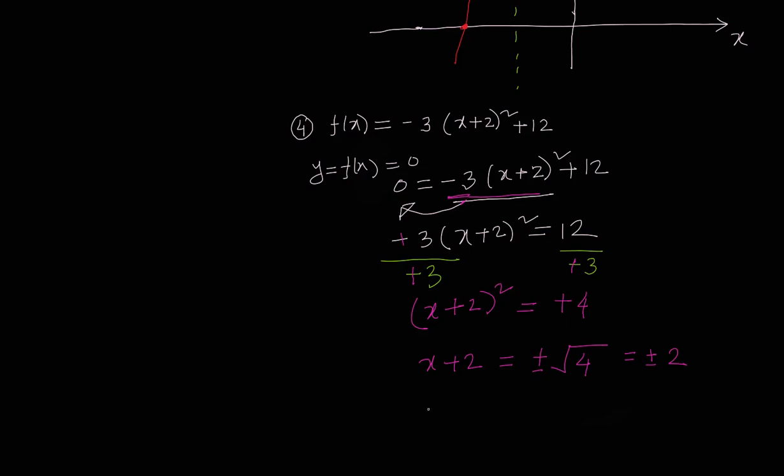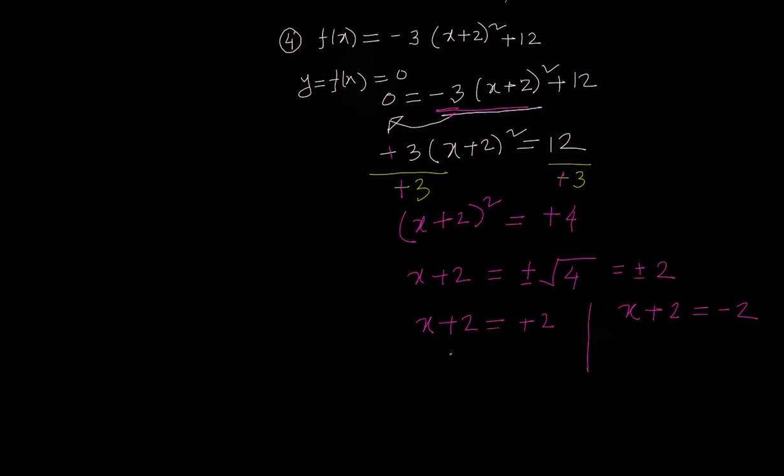So I can write x plus 2 equals 2, and x plus 2 equals minus 2. So I got here x equal to 0, and here I got x equals minus 4.